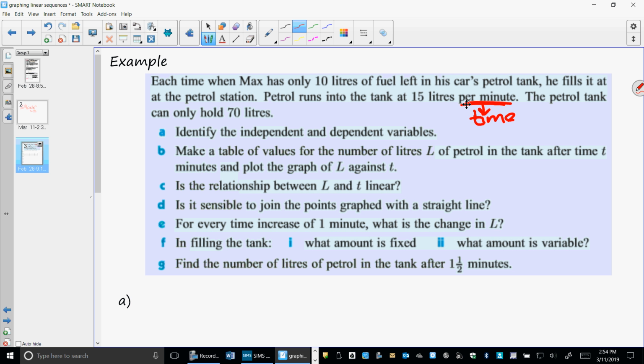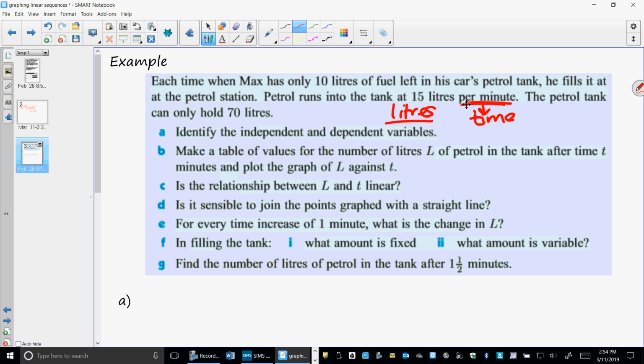What do you think the other variable is, Jay? Litres, yes. Good girl. So our other variable is litres. Now, we've got to decide, is time independent or dependent, and are litres independent or dependent. So which one of these is going to just essentially go up in ones?